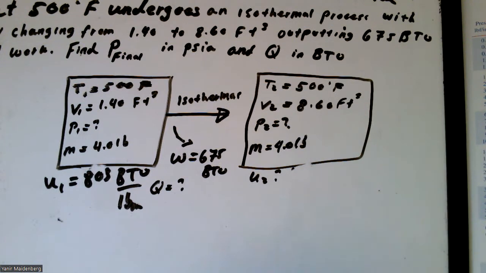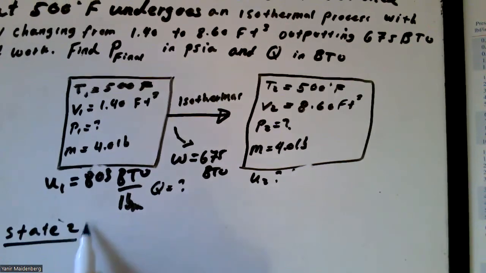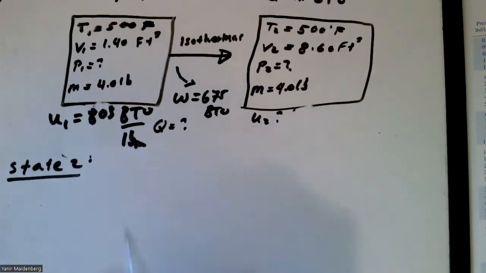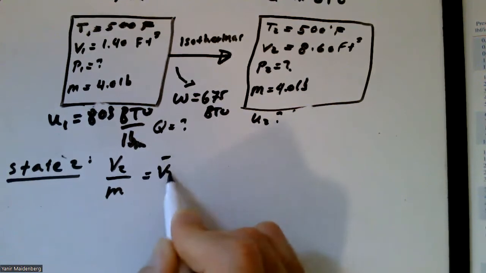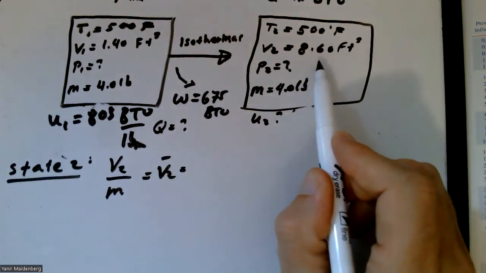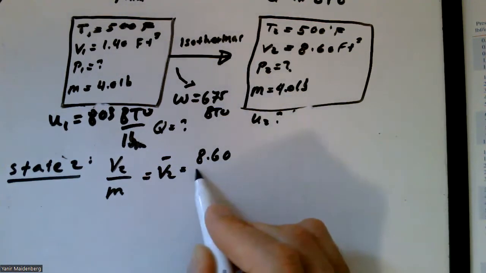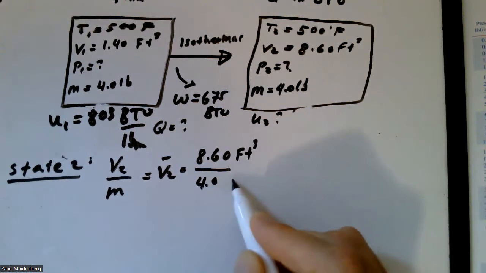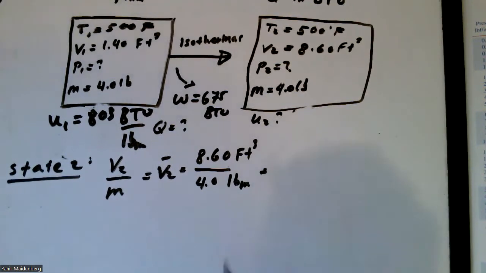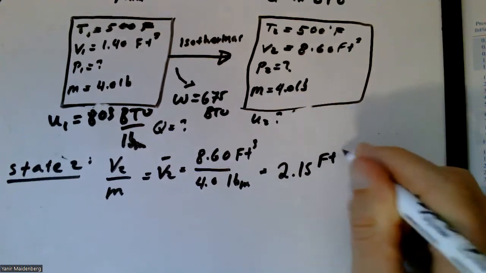So I'm going to try to find my information now for state 2. Again, you need to figure out your specific volume, which is going to be V2 divided by M. That's going to be 8.60 divided by 4, and this is going to be 2.15 foot cubed per pound mass.